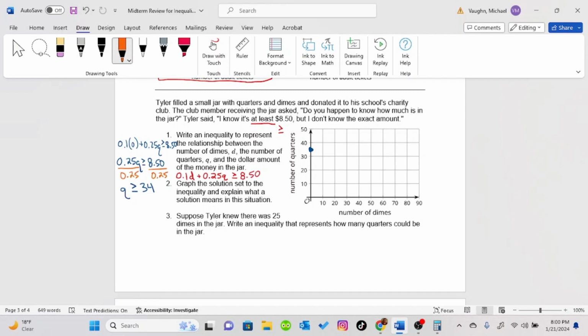Next, we're going to say, what if we had no quarters? So this time, 0.25 times 0 must be greater than or equal to 8.50. 0.25 times 0 is 0, so 0.1 times the number of dimes must be greater than or equal to 8.50.